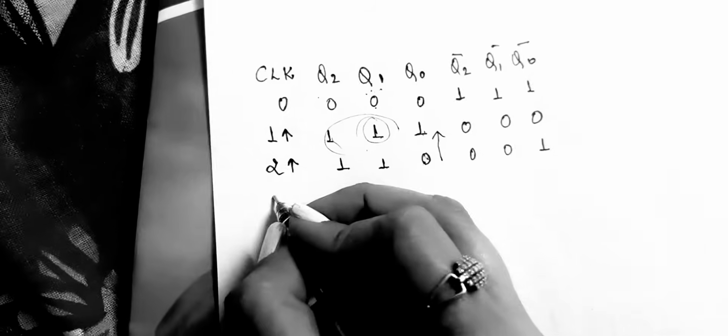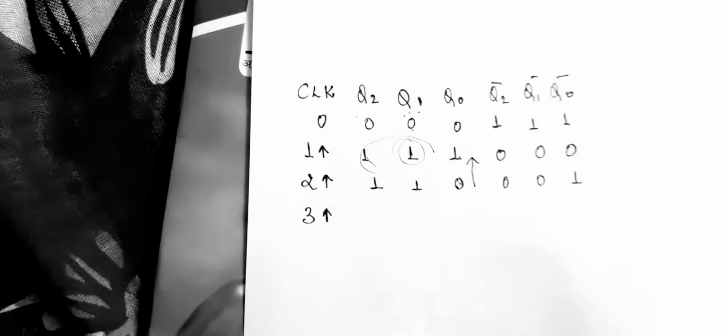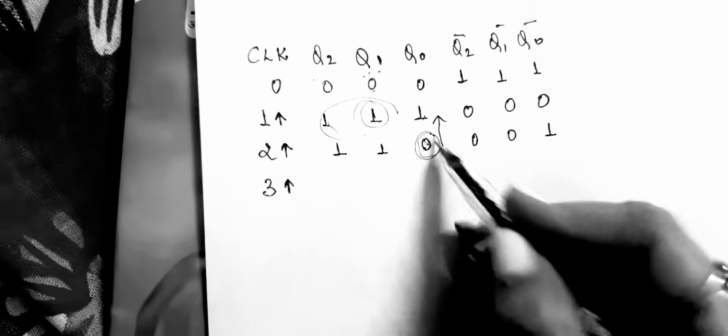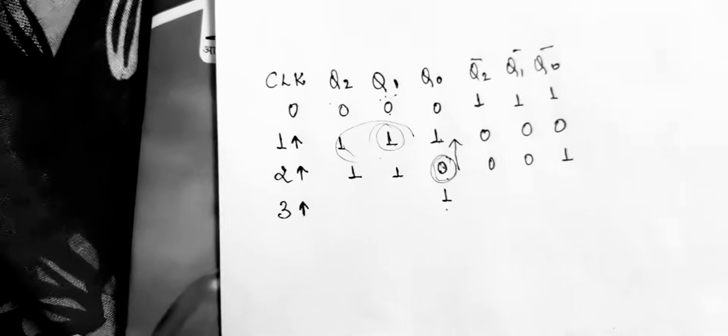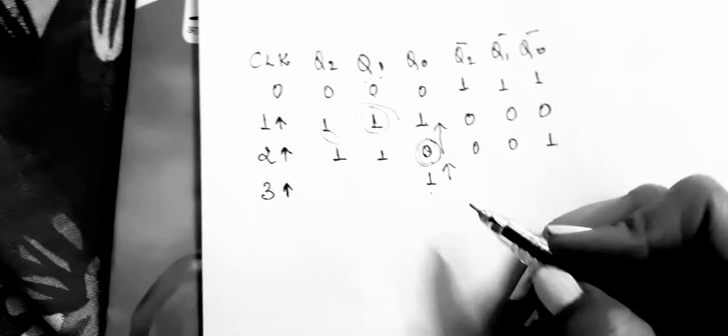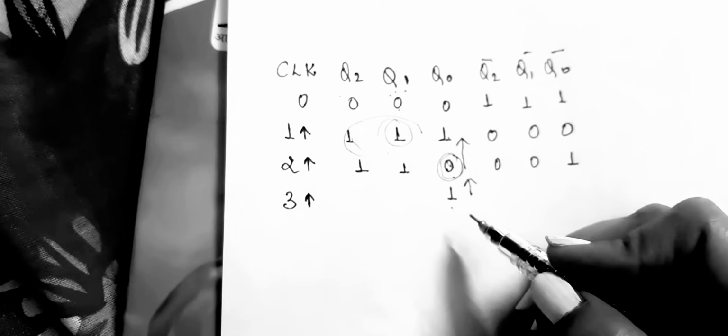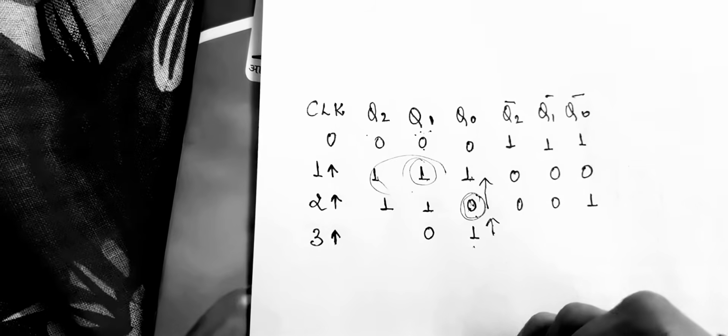Now if we apply the third clock pulse, our Q0 is 0, we'll get the complement of it, that is 1. Now we can see the transition is from 1 to 0. When the transition is from 1 to 0, it will toggle to 0. Clear?